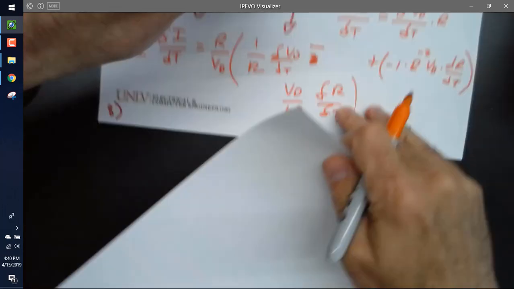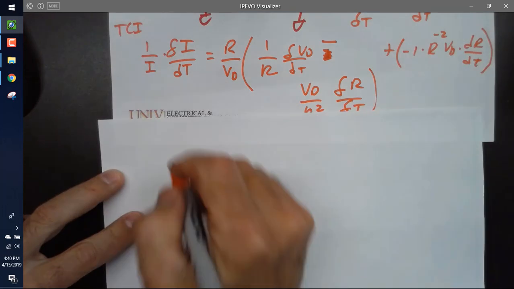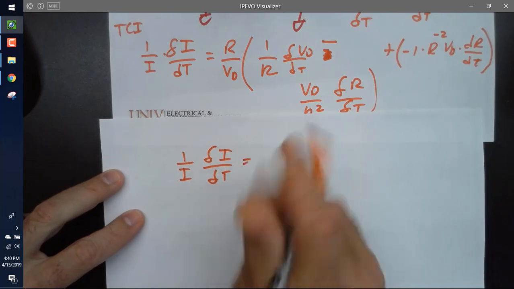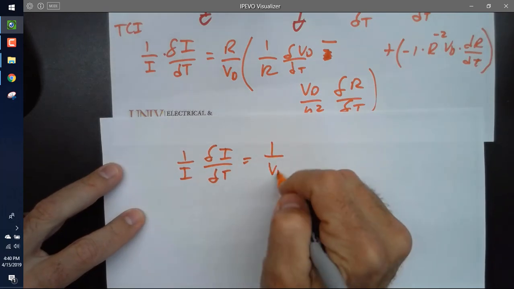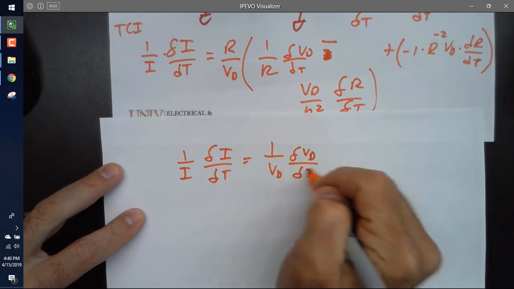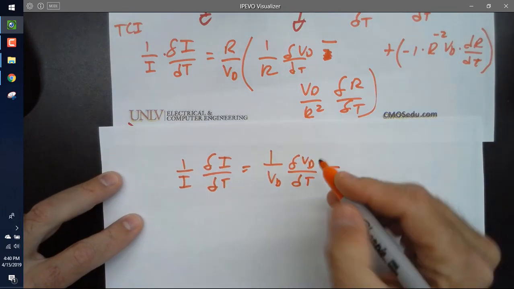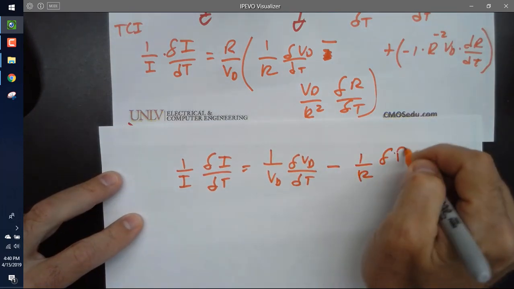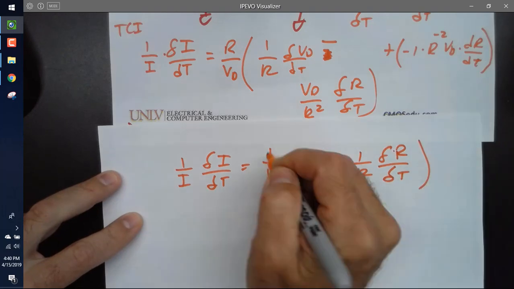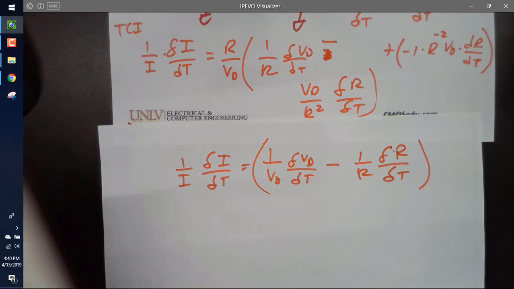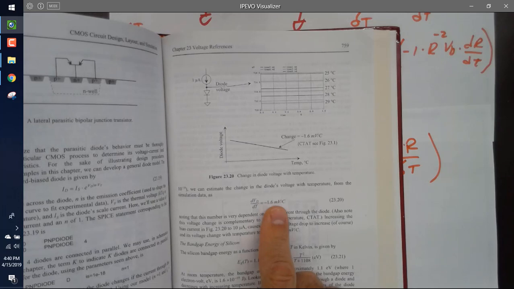And then I'm going to come back over here. Am I right? 1 over I del I del T is equal to, multiply through, 1 over V diode del V diode del T minus, the V diodes cancel with the V diodes, R cancel, 1 over R del R del T. And if I look back in the book at the parasitic diode references right here, I see that the diode changed 1.6 millivolts.